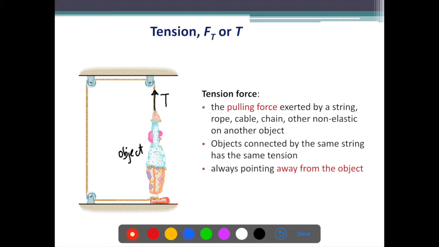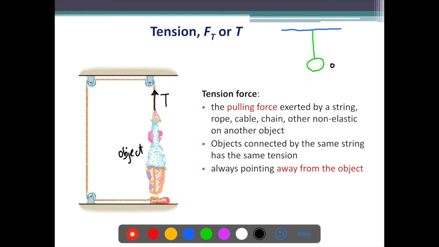So for example, you have here a ball that's hanging on a string. Okay. And you wanted to diagram the tension force exerted by the string on the ball, then the tension force should be directed away from the object.